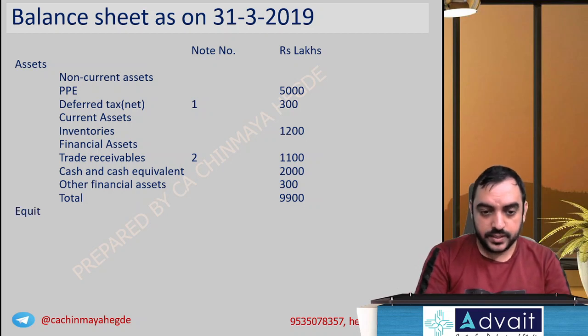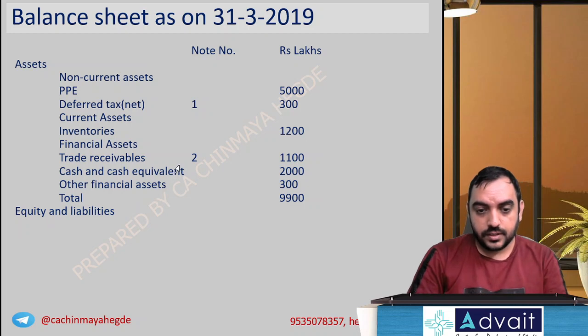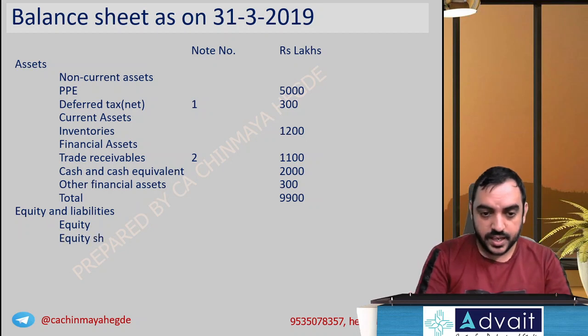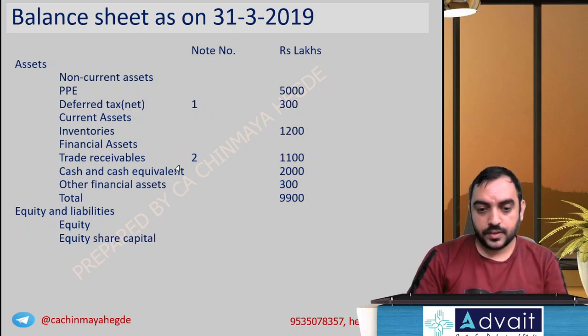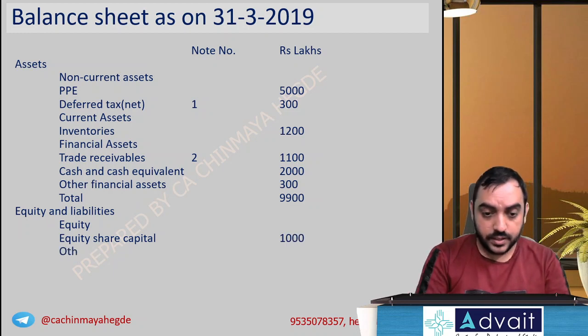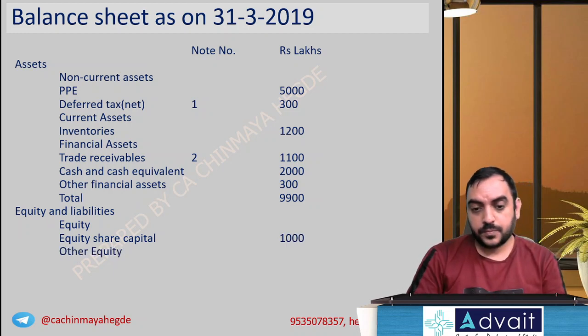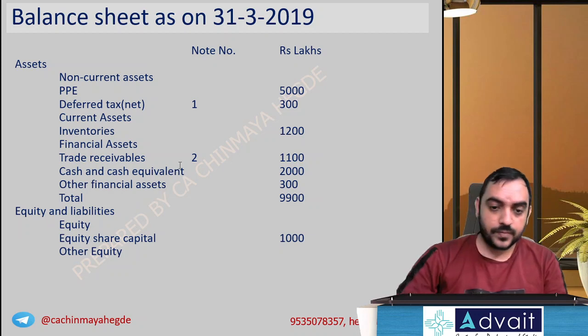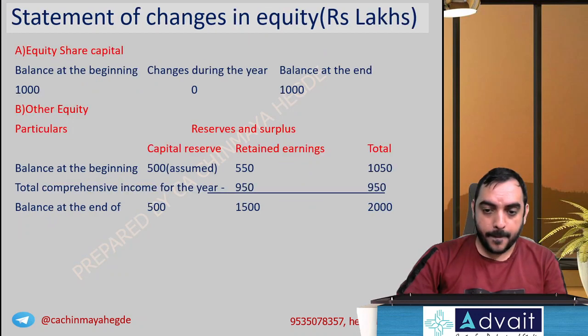Equity and liabilities. Under that, first equity share capital, thousands. Other equity, total we have written 2,000.